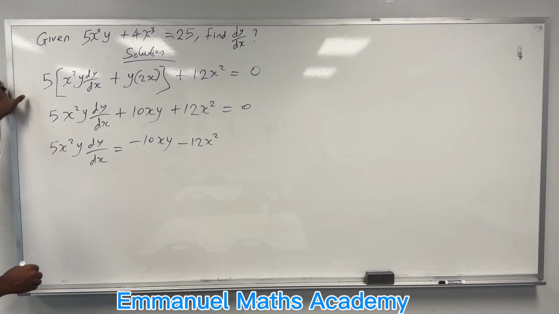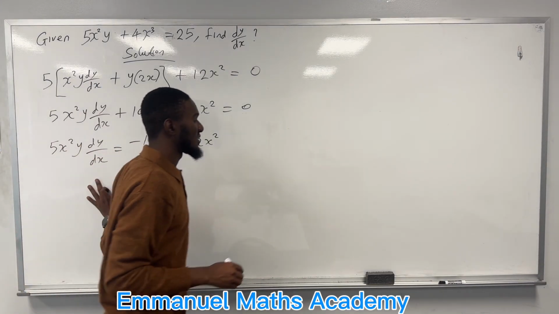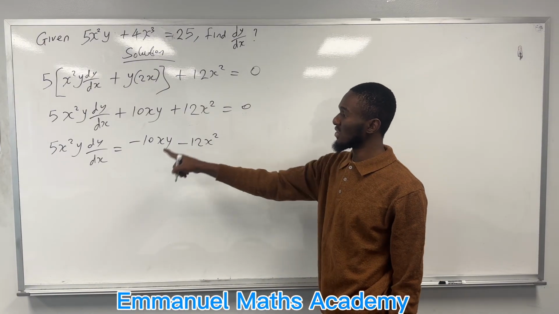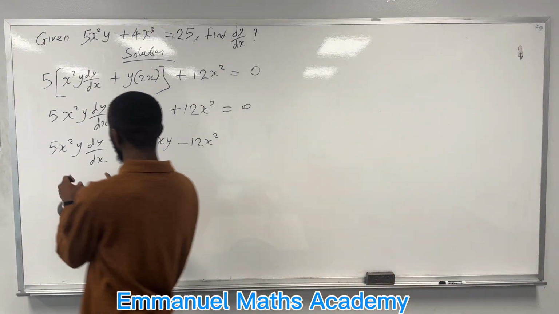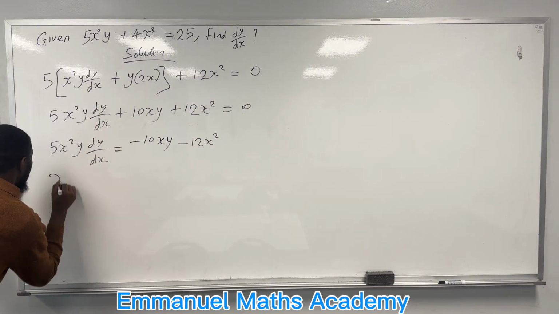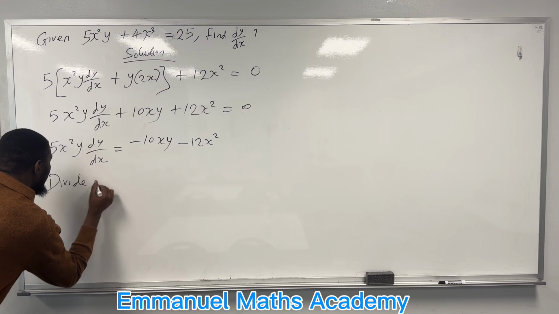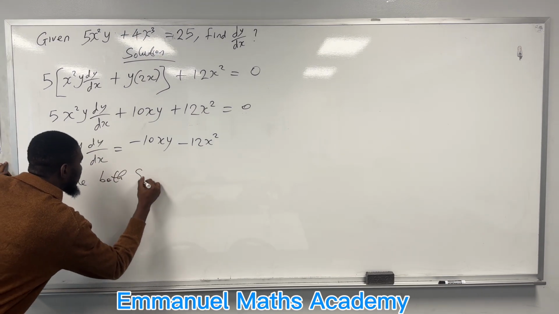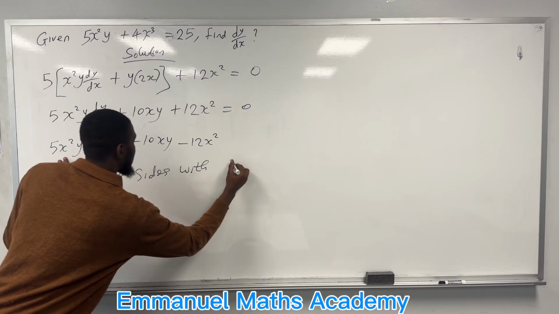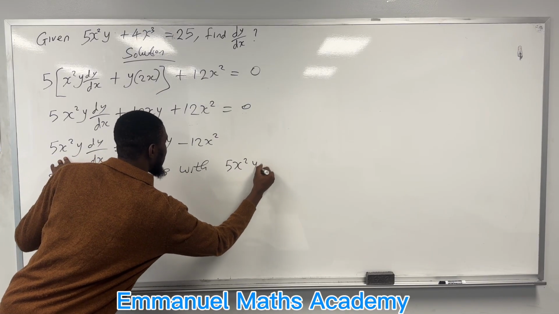So we want to make dy/dx the subject. Making dy/dx the subject means dividing both sides by the coefficient of dy/dx. So what's the coefficient? The coefficient is everything that we have here, right? So divide both sides by this 5x squared y.